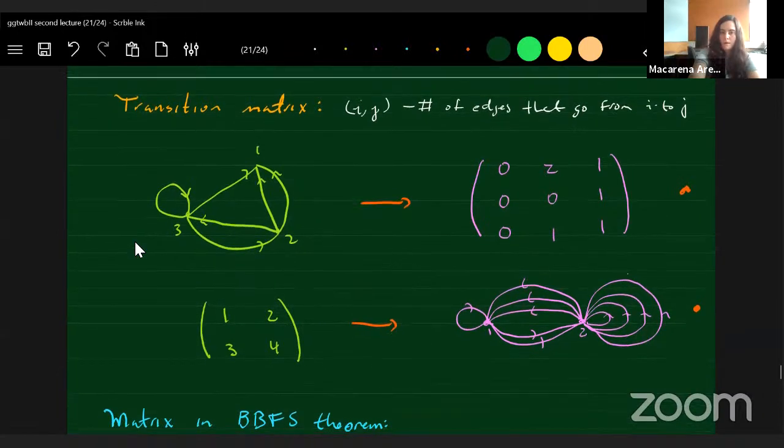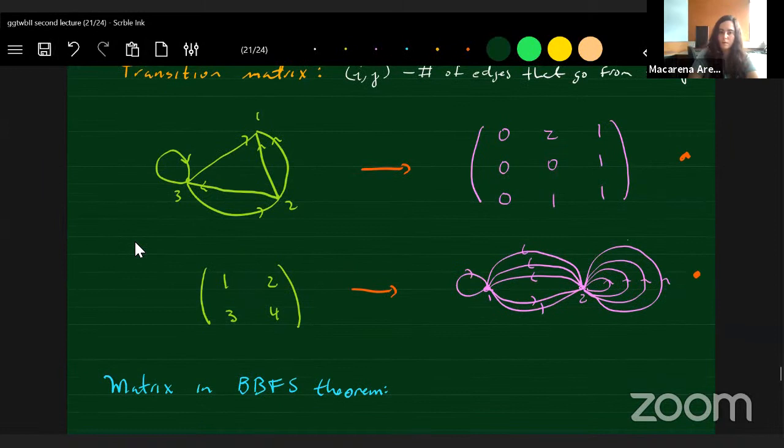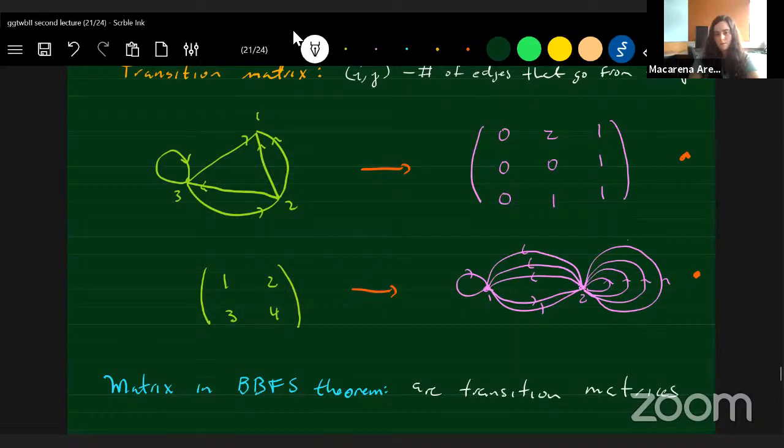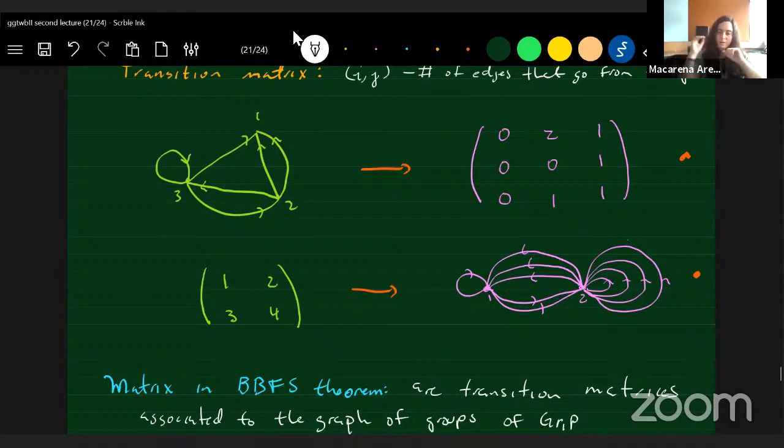And the matrices in Brady-Bridson, Forester, and Shankar's theorem are transition matrices associated to the graph of groups. So I hope this gives a sort of idea of where all the ingredients of the theorem are coming from.